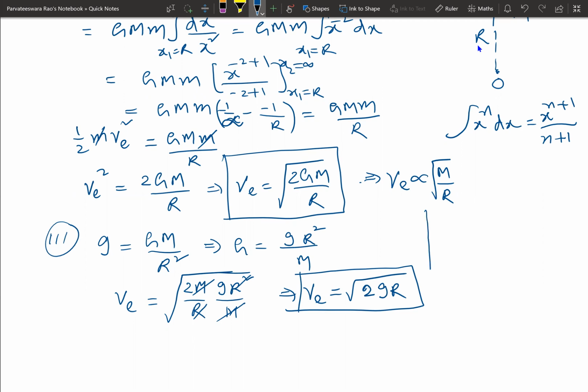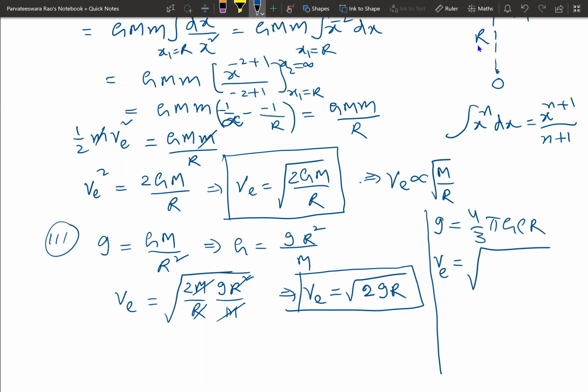And acceleration due to gravity, we wrote it as 4 by 3 pi G rho r. So if you substitute in this, we'll get the formula for escape velocity in terms of density.